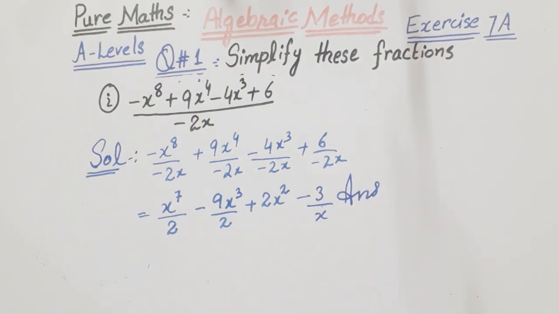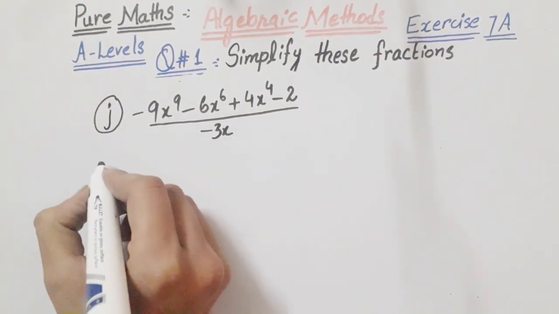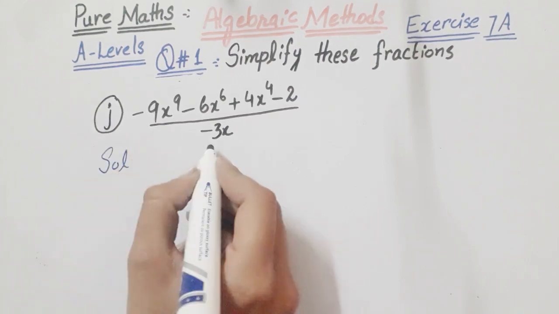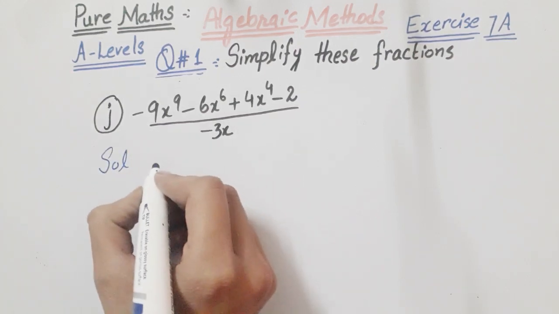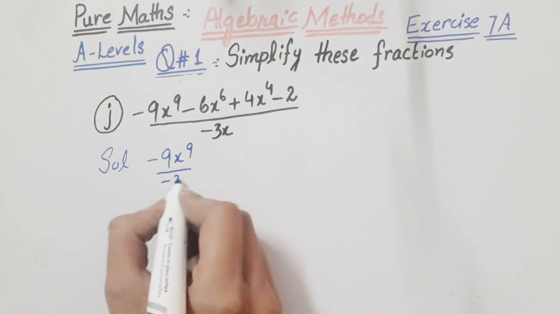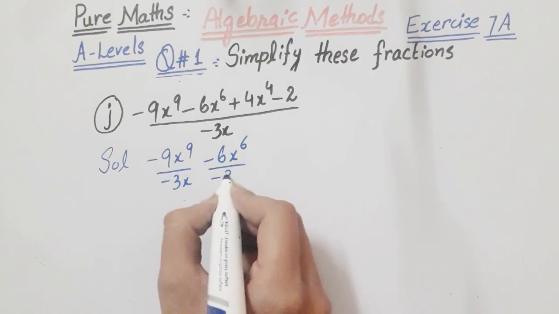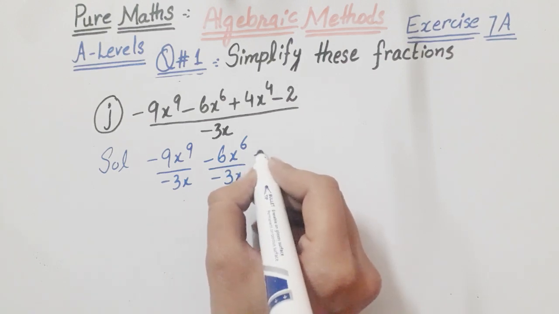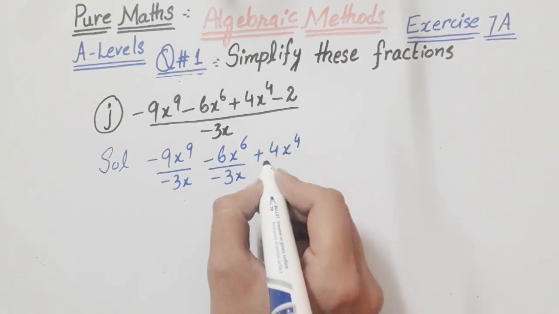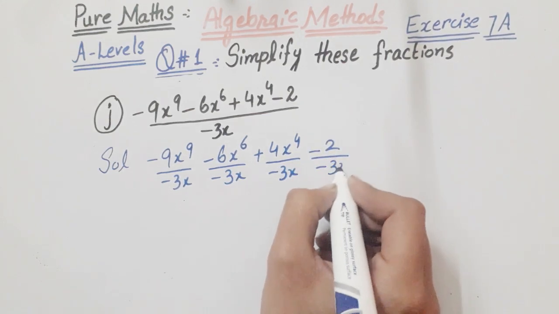Now we will solve the last part of this question, part J. In this question we cannot take any term as common. So we will divide each term by -3x: -9x^9 by -3x, -6x^6 by -3x, plus 4x^4 by -3x, -2 by -3x.